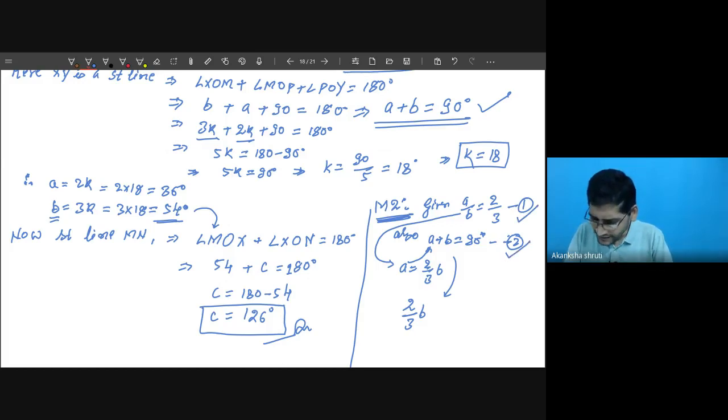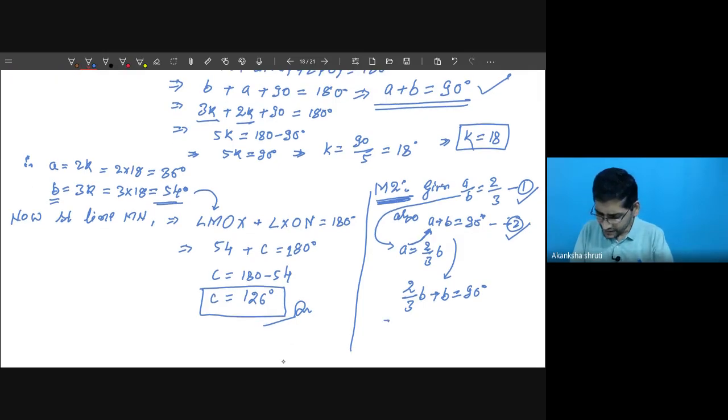Now to solve this, rearrange first: A is equal to 2 by 3 of B. Then substitute this A in A plus B is equal to 90 degrees. So in place of A, I am substituting 2 by 3 B plus B is equal to 90 degrees. You will get the value of B directly here. Take the LCM 3. It is 2B plus 3B is equal to 90 degrees.